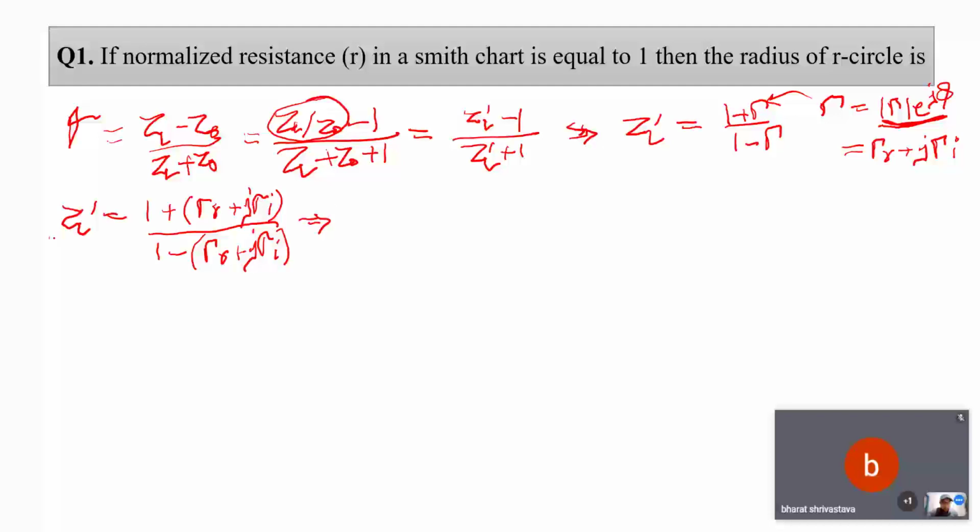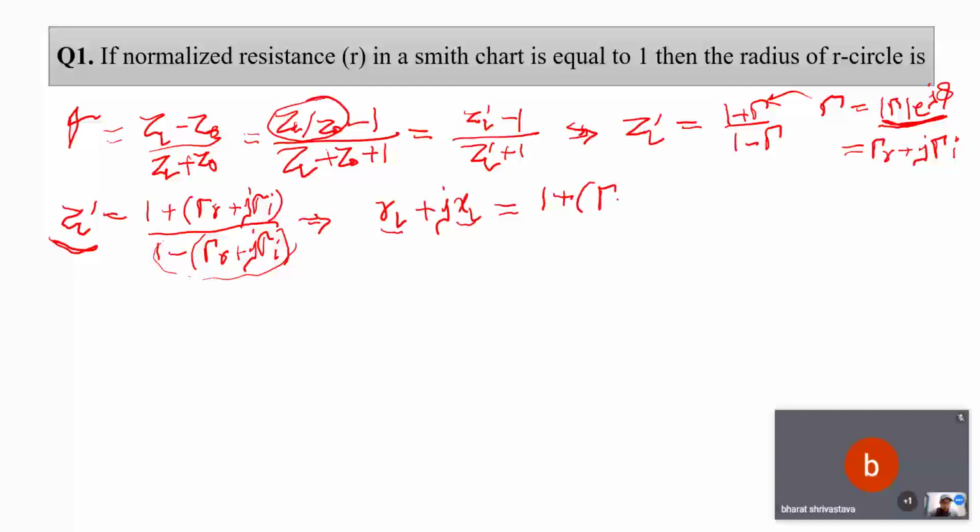Here we can also replace the normalized impedance as RL plus jXL. One thing to note is that RL and XL are the normalized resistance and reactance. This can be simplified by multiplying both numerator and denominator by the conjugate of the denominator.